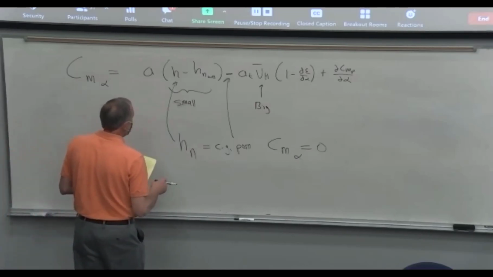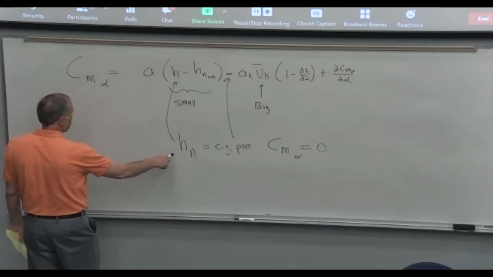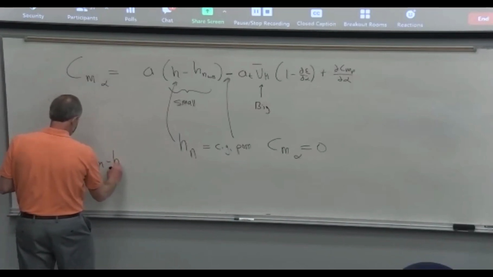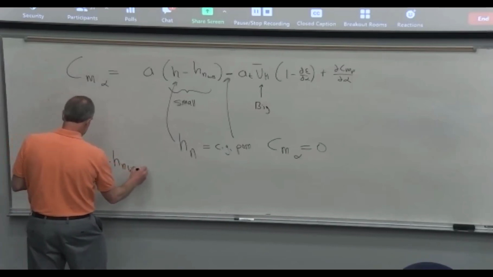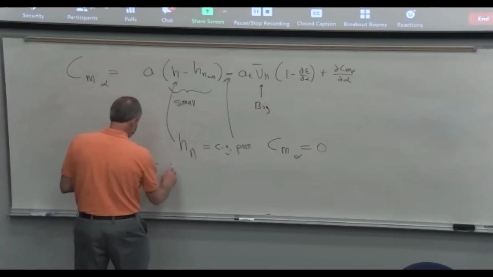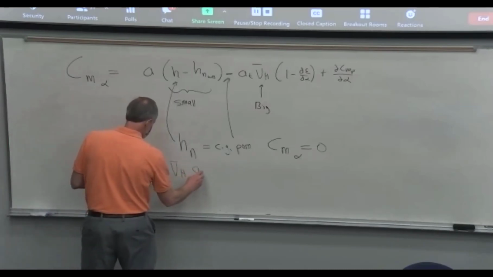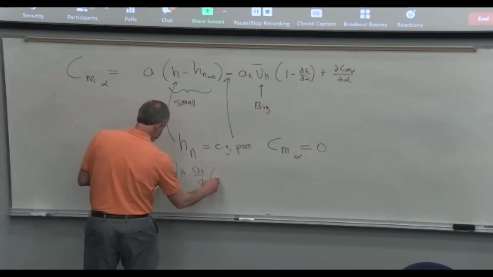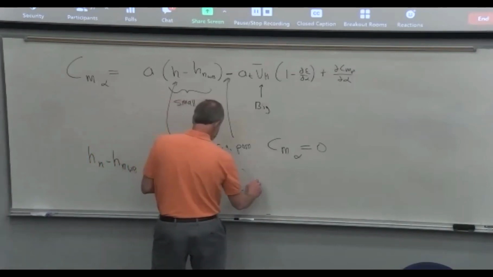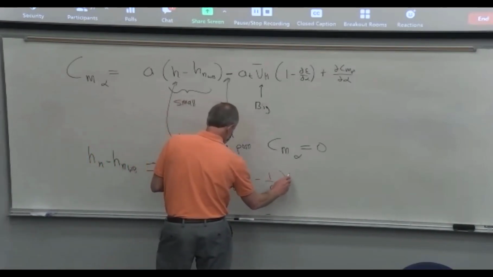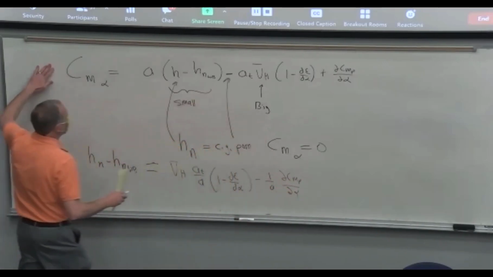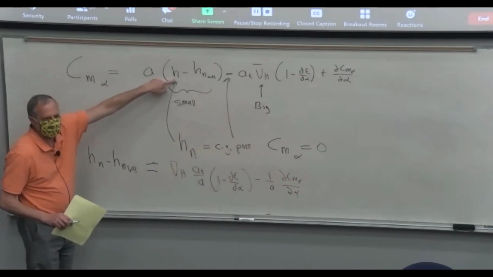And then we took the formula for Hn, which we got by saying this thing equal to 0 and saying that's Hn, and we solved for it.